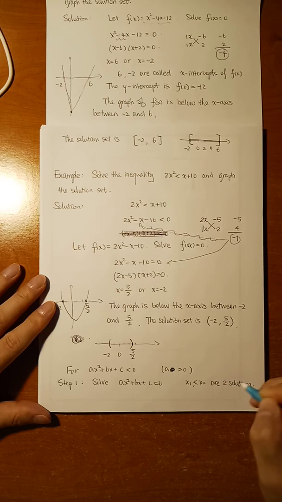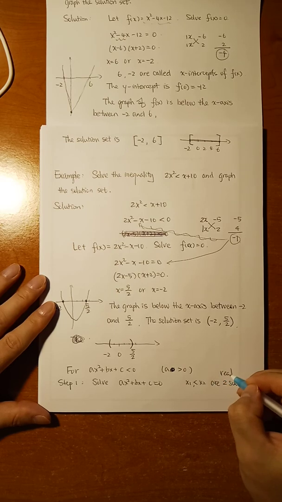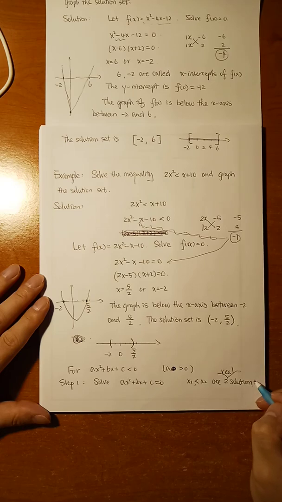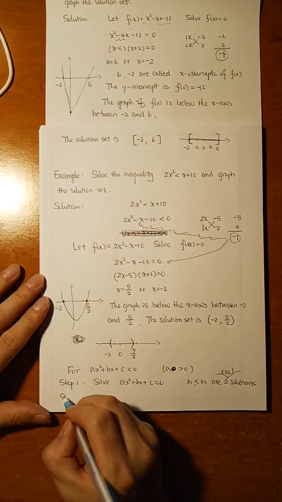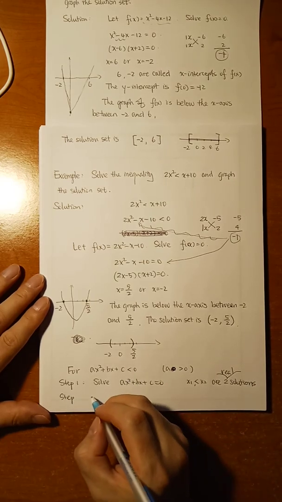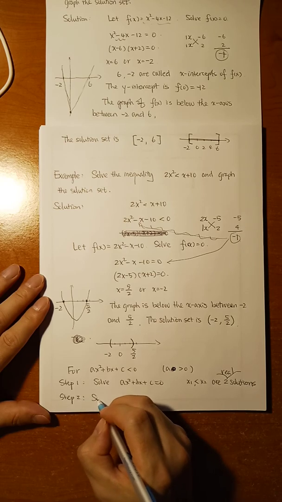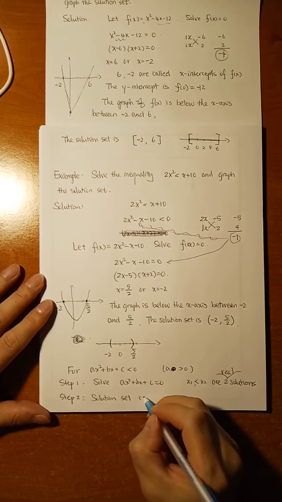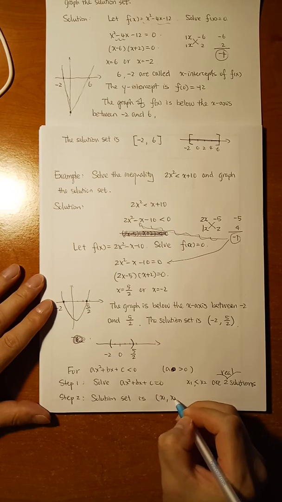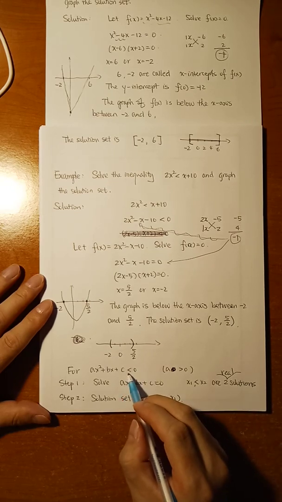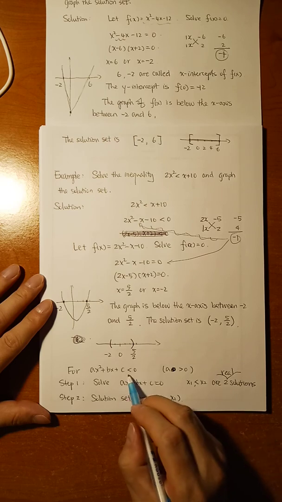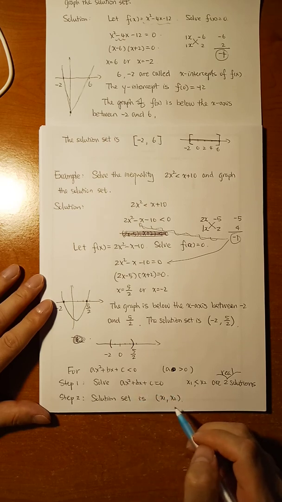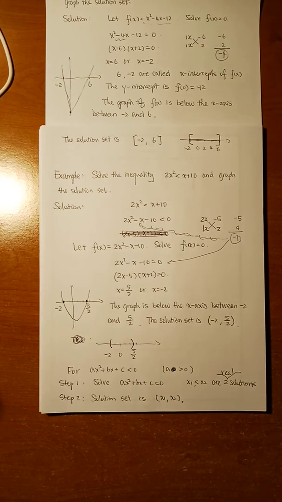We emphasize they are two real solutions. And when you have those two real solutions, because this is less than, the solution set is between x1 and x2. If there is no equal sign, this is a parenthesis. If it has an equal sign, you use a bracket. All right? So these are the fixed steps.